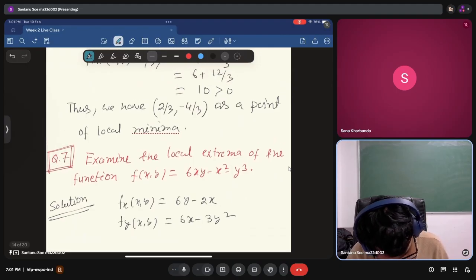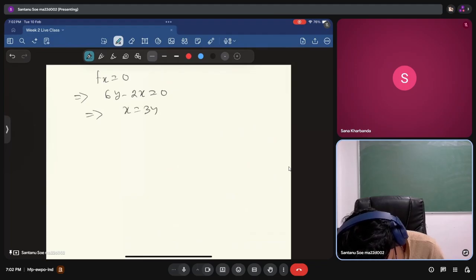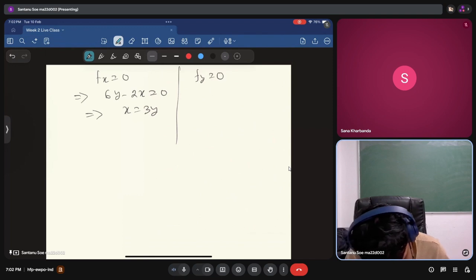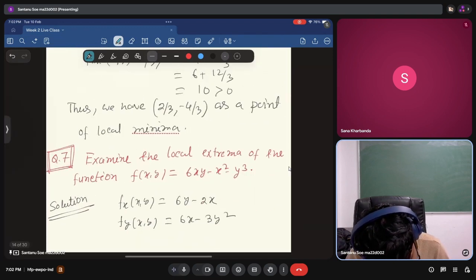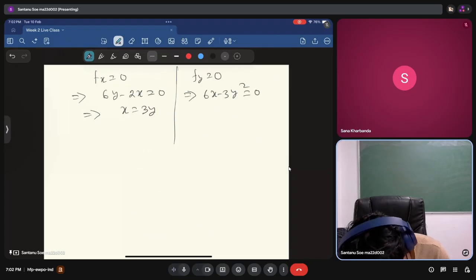So now we'll put fx equal to 0, and this will give us 6y minus 2x equals 0, and this will be x equals 3y. Now if we again put fy to be 0, then 6x minus 3y square is 0.